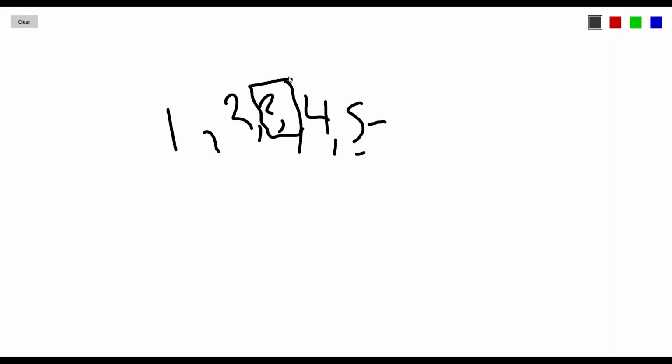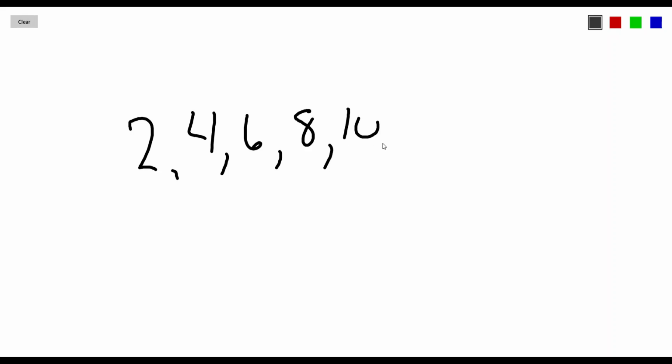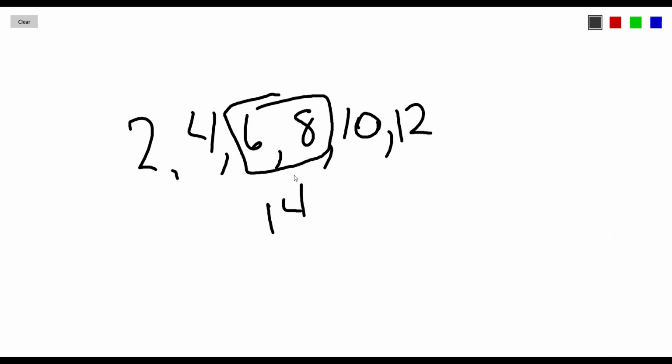All right. Say if we had 6 numbers, let's just say 2, 4, 6, 8, 10, and 12. So we would take 1, 2, 3, 4, 5, 6 numbers. We would take both the third and the fourth and add them together, which will give us 14.